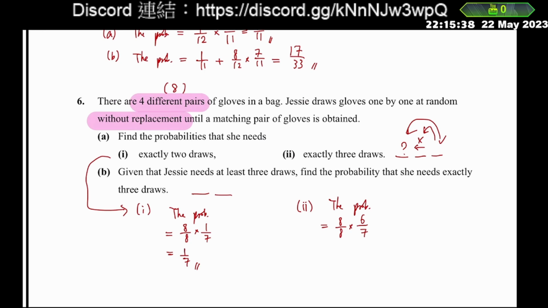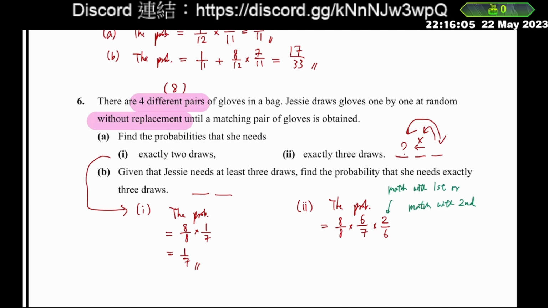Therefore it will be 6. And then finally the third one, 6 remain, and among these 6, it can either match with the first or match with the second. Therefore it is altogether 2. So this 2, it matches with the first or matches with the second.